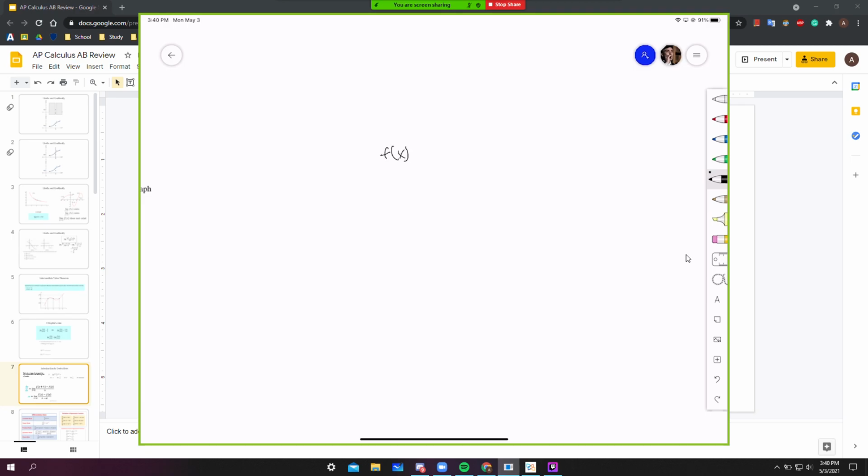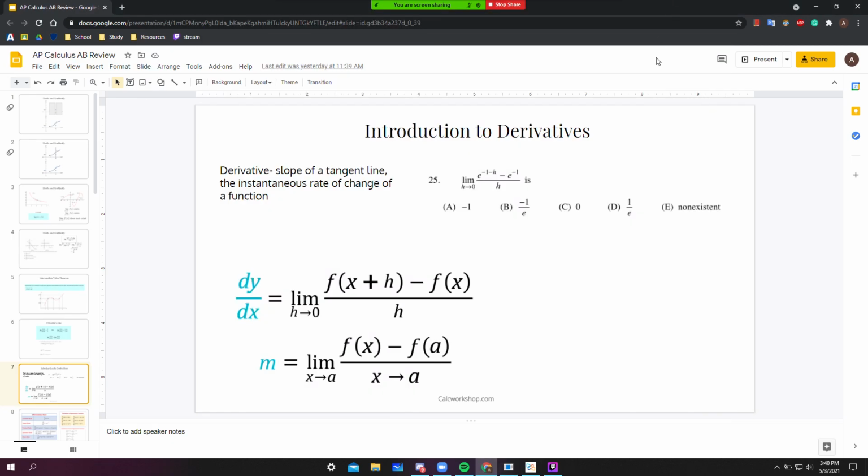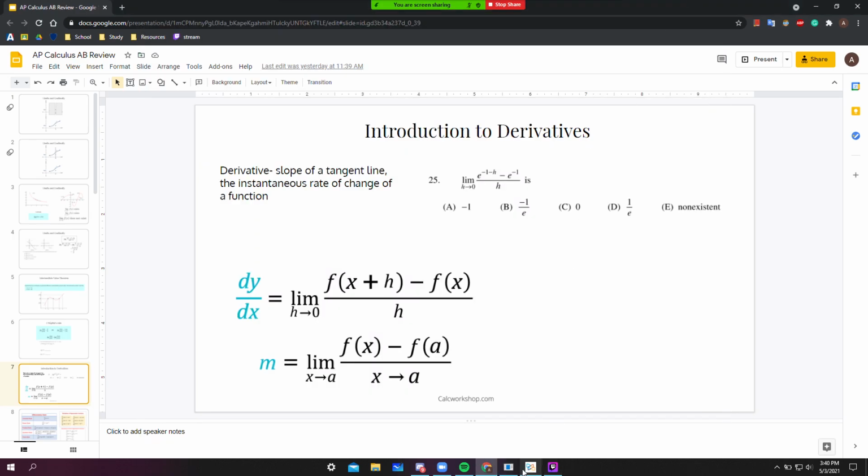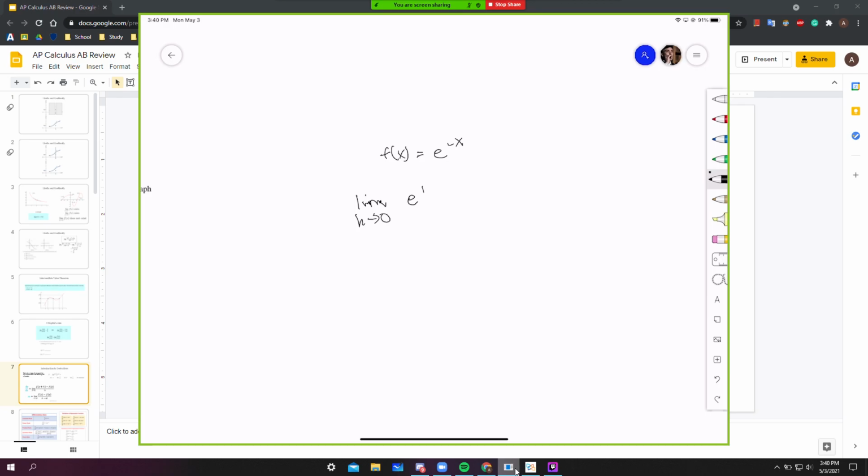f of x would be equal to e to the negative x, because of e to the 1 minus h minus. And then the derivative form is f of x plus h minus f of x over h.